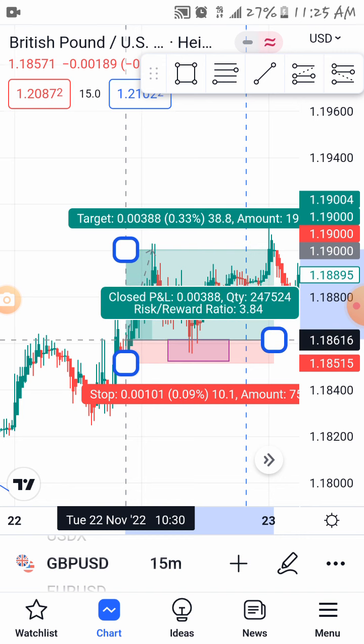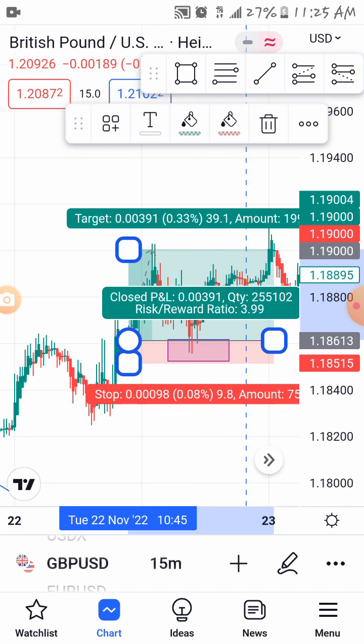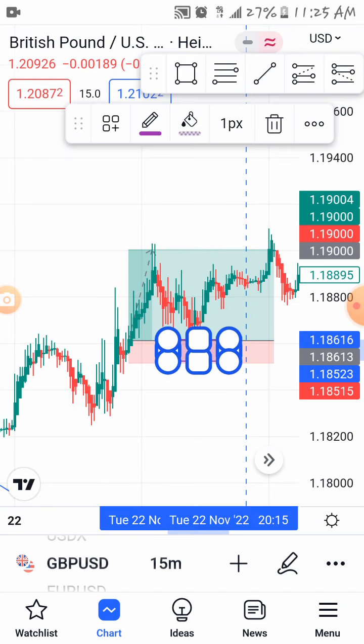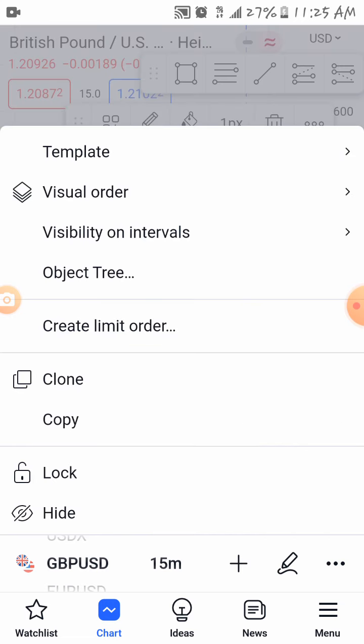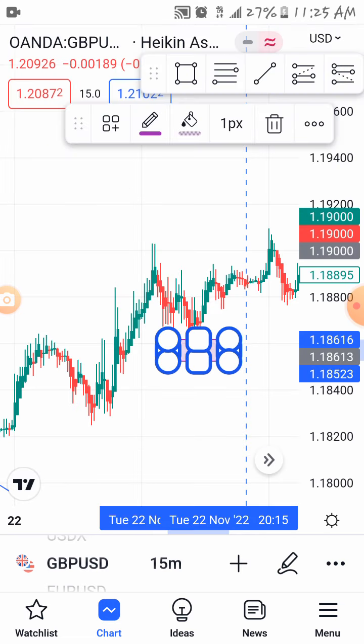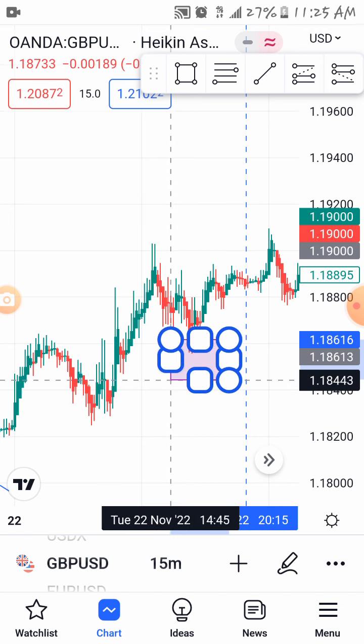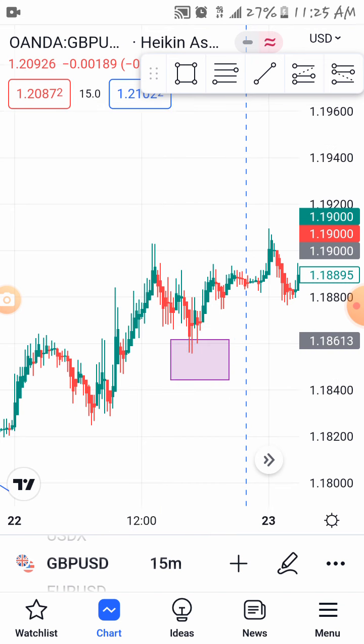Now my entry would have been somewhere around here because I spotted the first weak rejection, and then I also spotted the second one. So upon the third weak rejection here, I would have just entered the setup.